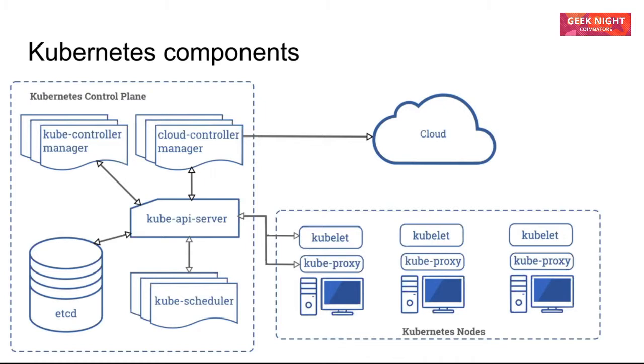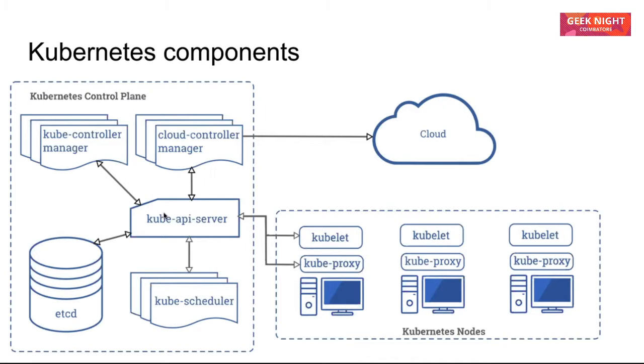Looking at components of Kubernetes, it has basically an API server, which is like the backend API that interacts with all the Kubernetes nodes running the actual cluster.